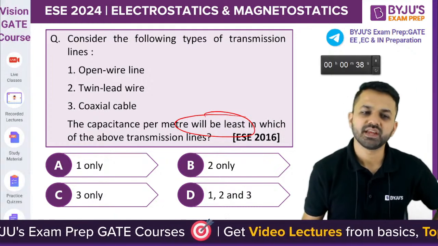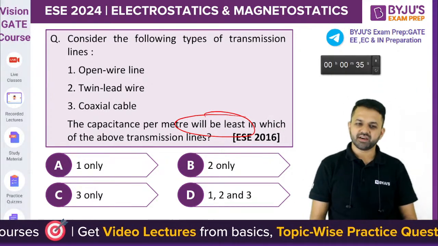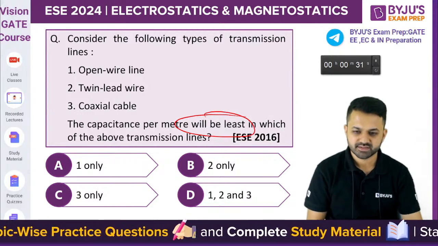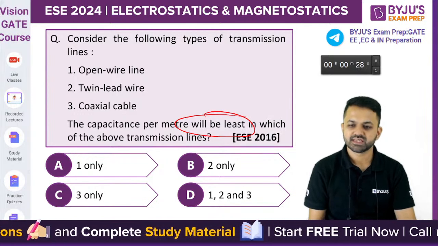Open wire transmission line, twin lead wire and the coaxial cable. Which one will have the least capacitance?